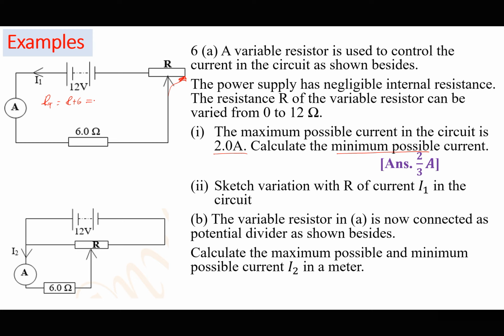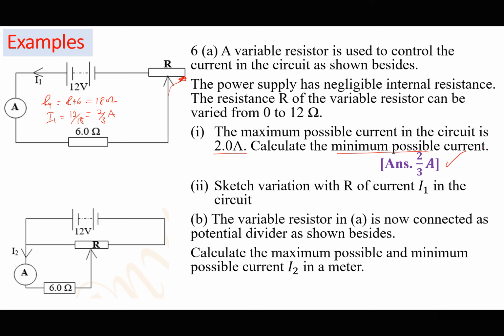So this is going to be 12 plus 6, which is 18 ohms. So the minimum current I1 is equal to V, which is 12, over the total resistance, 18. So 12 divided by 18, which is 2 over 3 amperes. I think this is correct.